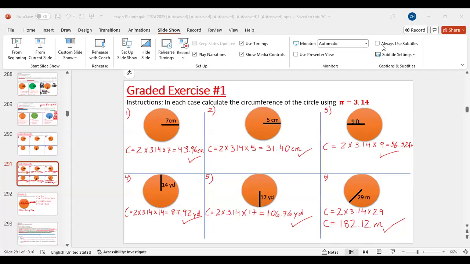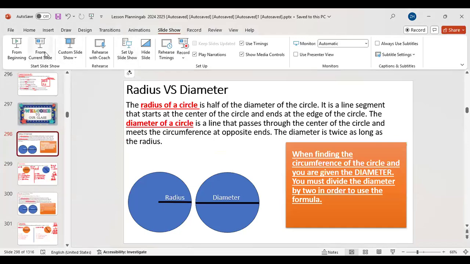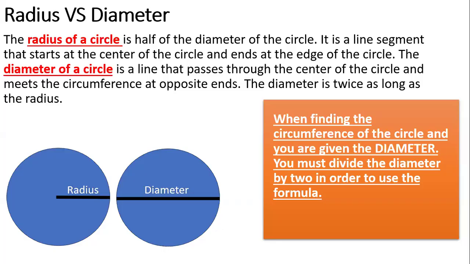Not around the shape. Okay, let me show you what the diameter means. You don't have to write this down, but this is what we mean by diameter. The diameter is the full length. The radius is half of it.